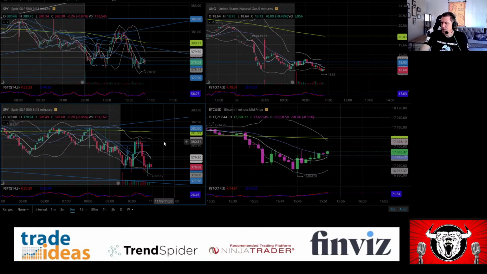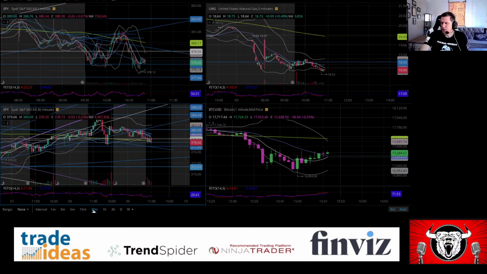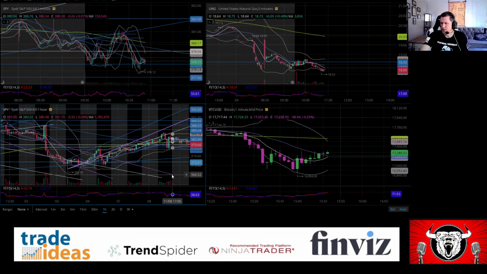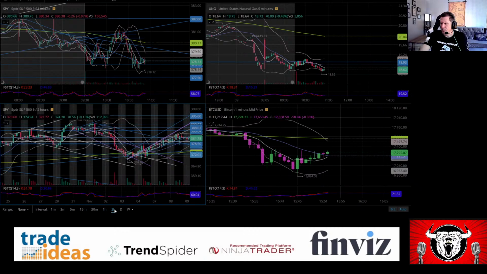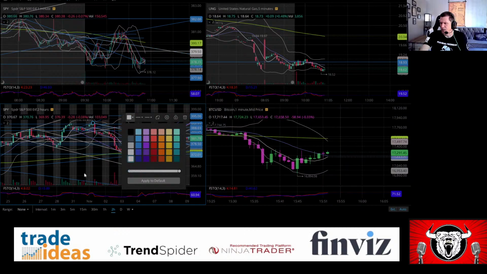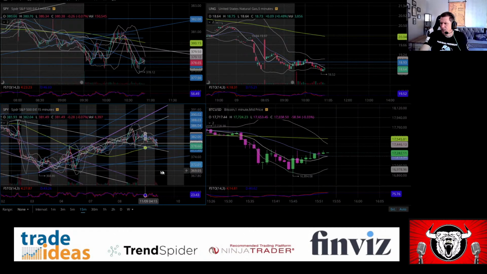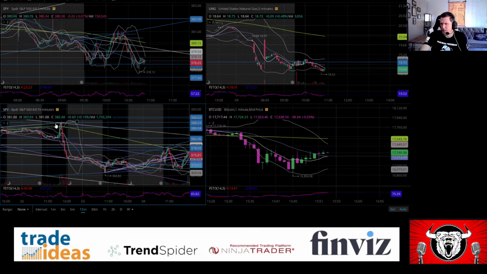So when I'm marking stuff on shorter time charts, sometimes you go look at the longer term chart and it'll appear like I marked it through a wick or used a wick as an area of resistance or support. Let me see if I can find an example of that. Like this angular trend line right here. In fact, let me make that stand out so you can see it better. It looks like I marked about that wick, but I marked that on a shorter term chart. I zoomed in, or I zoomed out, and I marked it at a body.